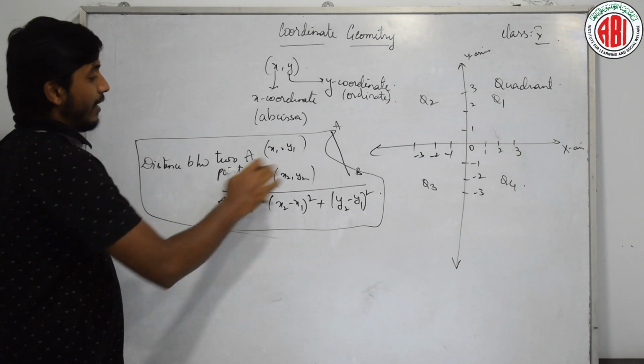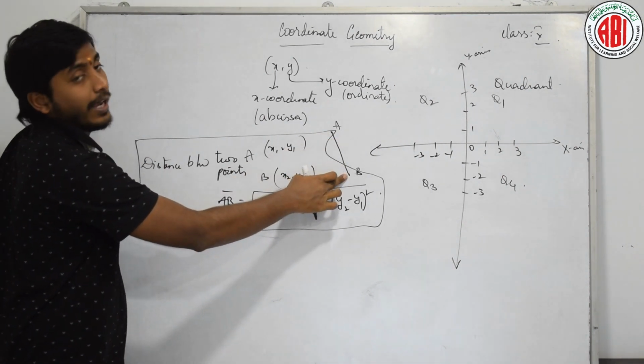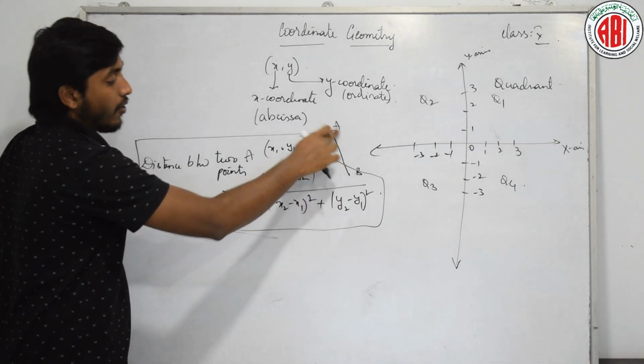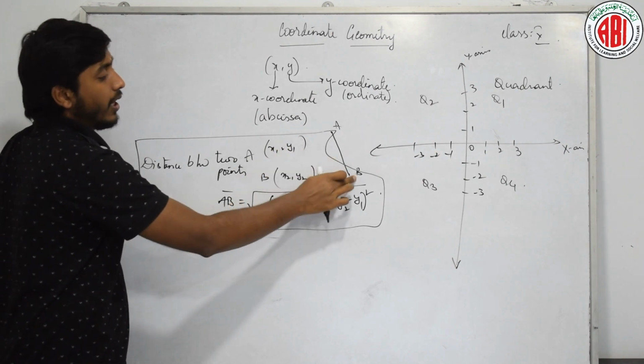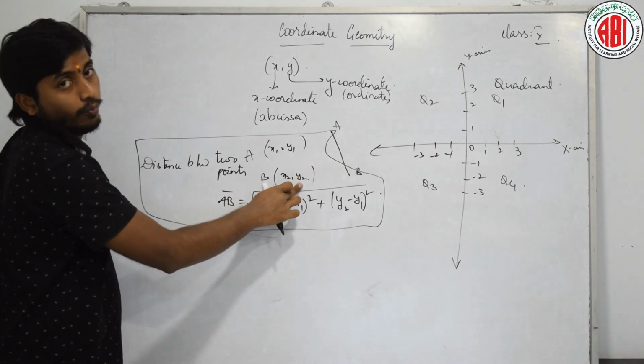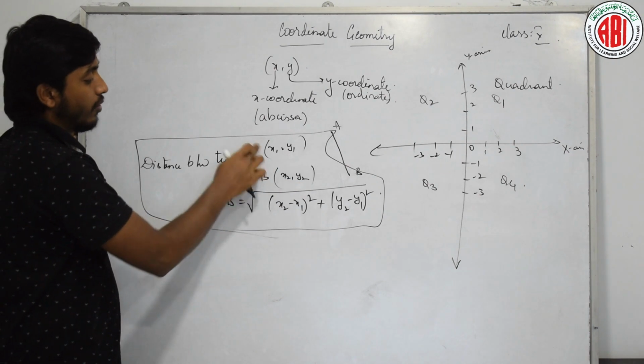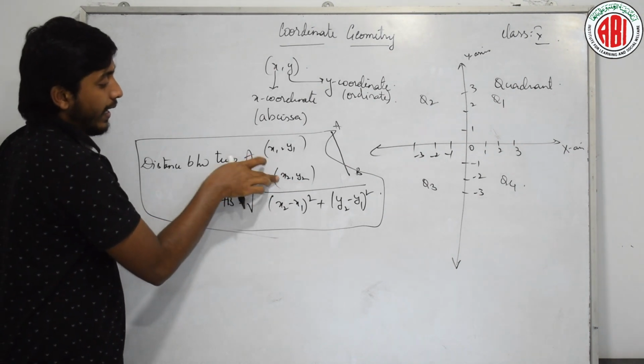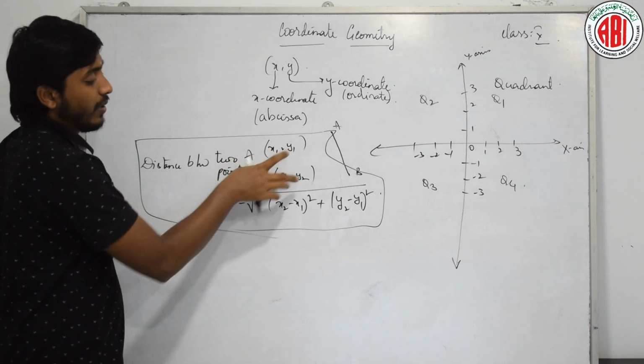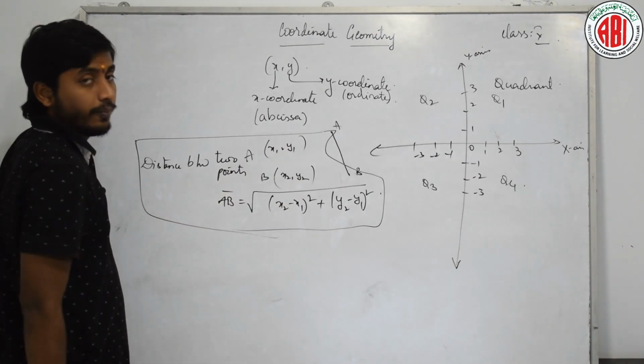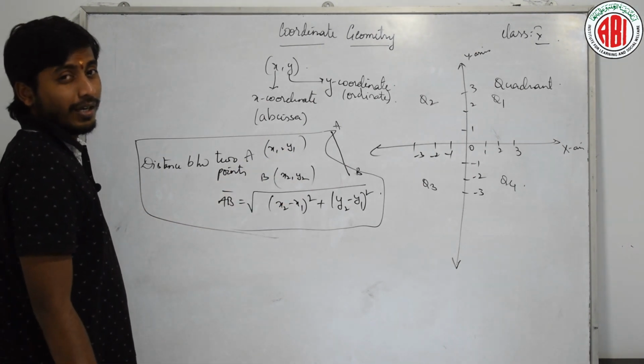What is the distance between these two points? If point A has coordinates x1 y1, then point B has coordinates x2 y2. So what will be the distance between them? x2 minus x1 whole square plus y2 minus y1 whole square, under root. Is it right? Is it okay?